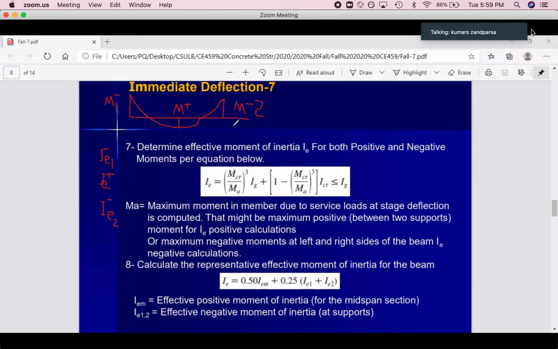So don't waste your time at the time of exam. Just calculate 1 IE and then write IE -2 is equal to IE -1 without any calculation because everything is the same. Then when you go here, if this is 0, it's the simplest case. You have 1 positive, 1 negative. So in this case, 75% and 25% of that one.